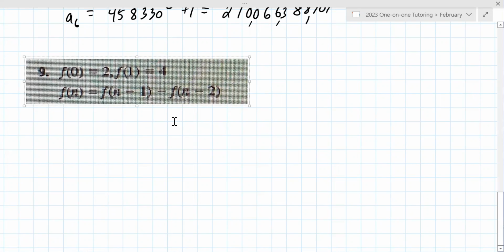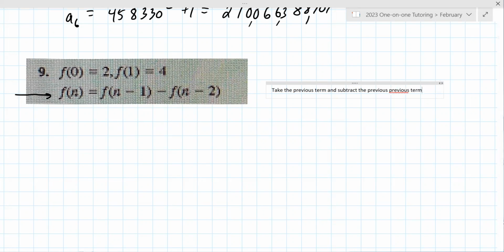So let me try to explain in words what this line is saying. Take the previous term. So that's n minus 1. N minus 1 means previous, and subtract the previous term. I know that's bad English, but this is an English class. It means the one before it.